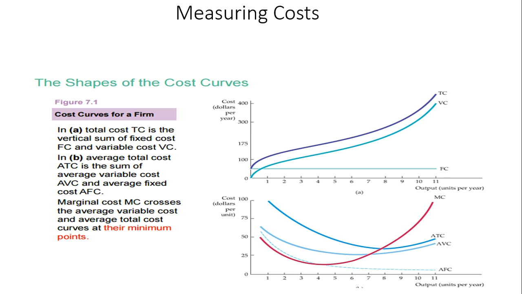Okay, so at the end of the day, this is how our graph is going to look for the total cost. The most important thing that we should know is that the total cost is always going to start at that particular point where output is equal to 0. Why?